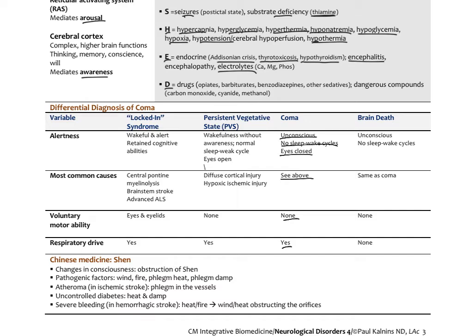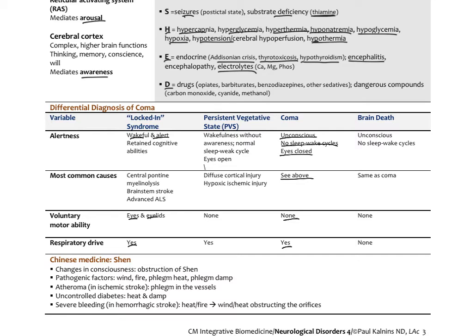Now, if a person is in a situation where they're wakeful and alert, they have retained cognitive abilities, but they basically have only motor ability to their eyes and eyelids. All the other motor ability, with the exception of respiration, is paralyzed. And that has to do often with a problem of demyelination of the descending motor neurons in the pons.